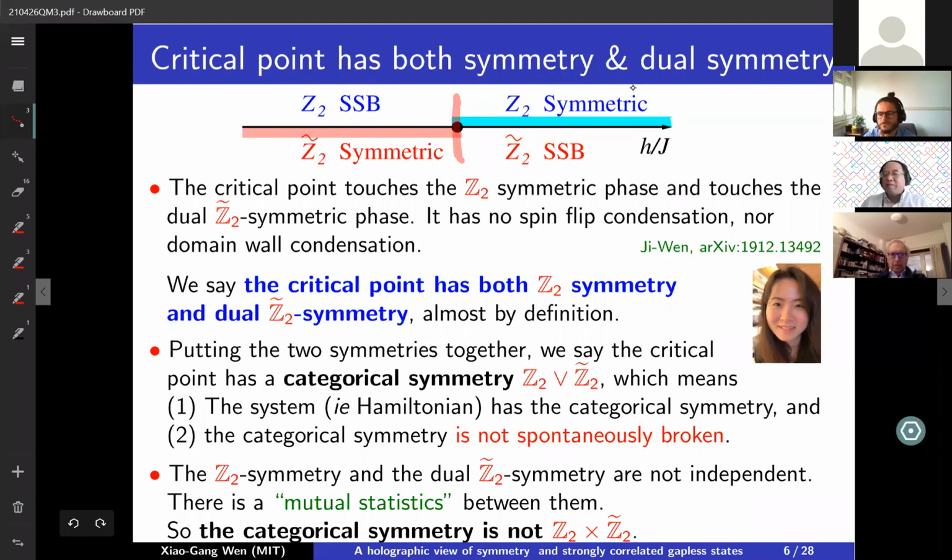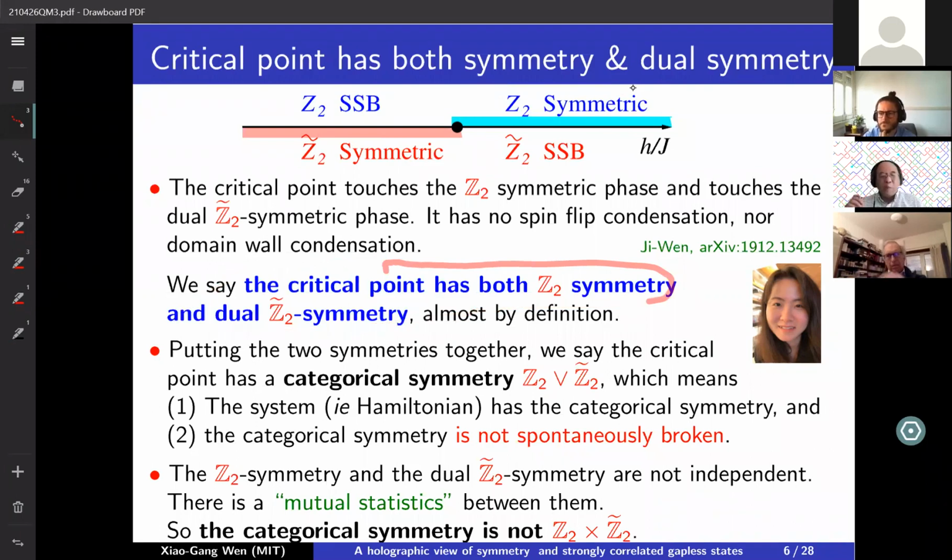That is one point. Because they touch this Z2 tilde symmetric region, they have Z2 tilde symmetry. And they also touch the Z2 symmetric region, so they also have Z2 symmetry. So it's very tempting to put the two symmetries together. We say that the critical point has both Z2 and Z2 tilde symmetry.